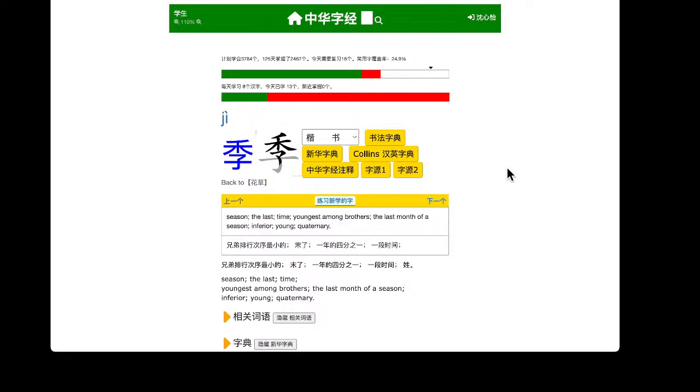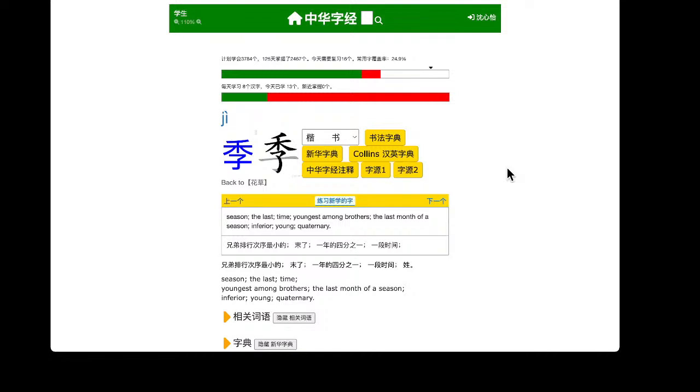That's why in Chinese there are 4 quarters a year, also corresponding to 4 seasons a year, right? And then another meaning is 季 means the last. Okay, the last specifically means the youngest brother, the youngest boy in the family. They call it 季.